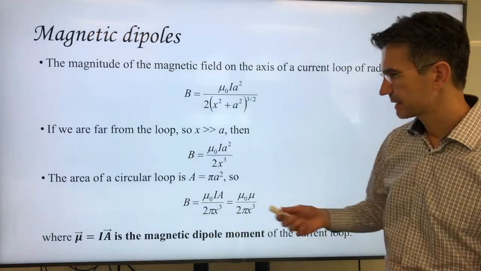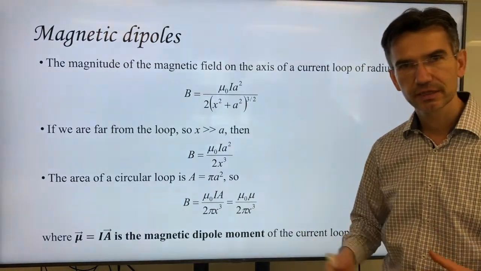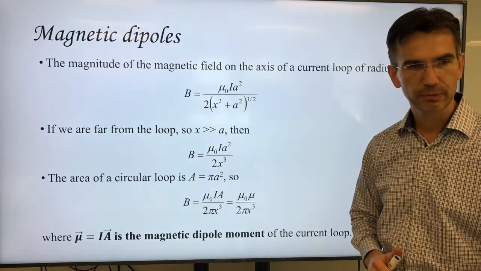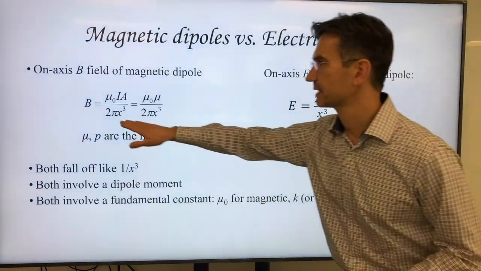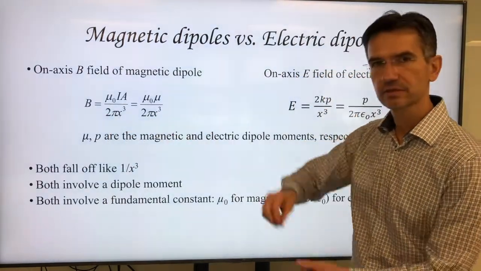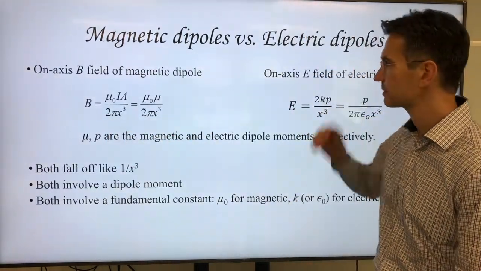So the magnetic dipole moment. We've already talked about electric dipoles and electric dipole moment, so let's compare how these two look. Here's our magnetic dipole moment, where x is distance away from the magnetic dipole on axis.